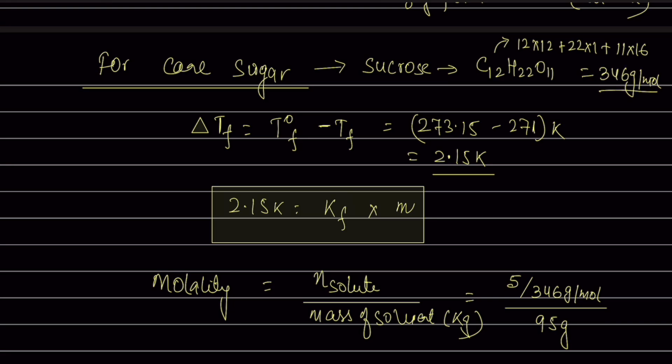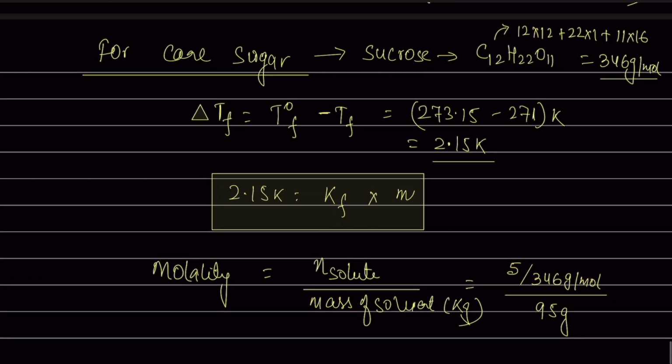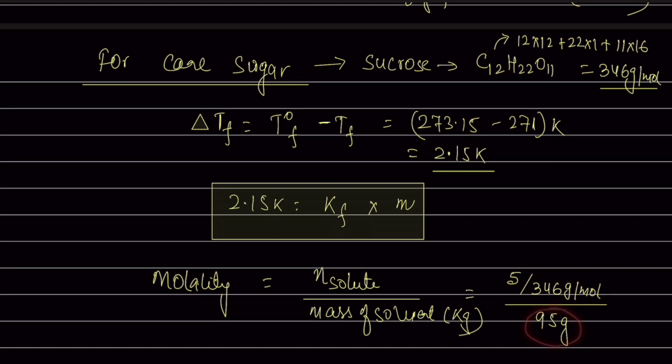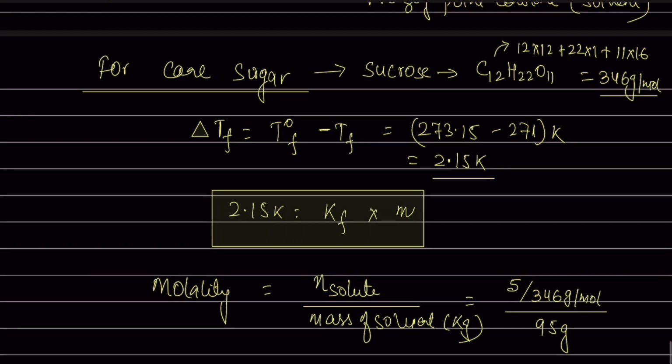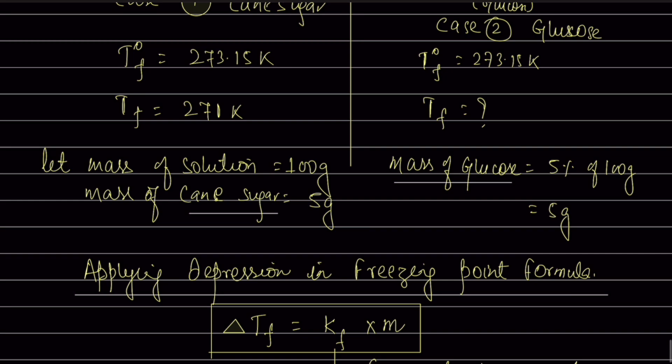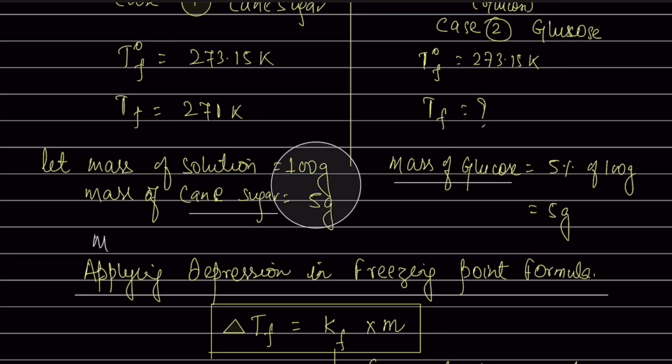We substituted the same value here. And we got the mass of solvent as 95 because the total solution is 100 and the mass of the cane sugar is 5, so the mass of solvent is 95 gram.